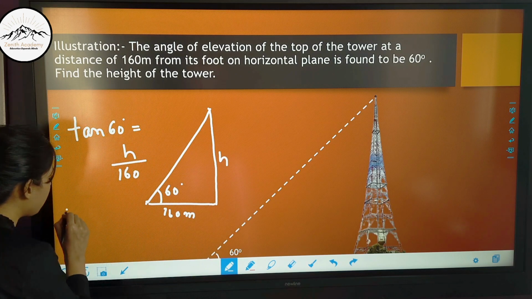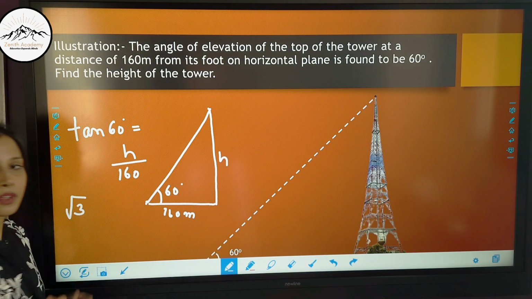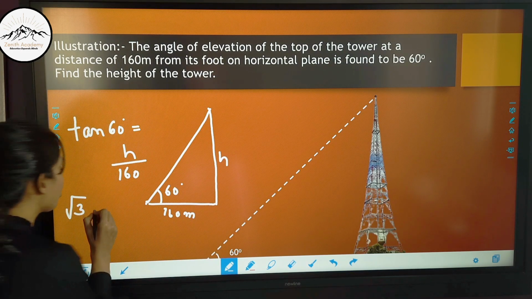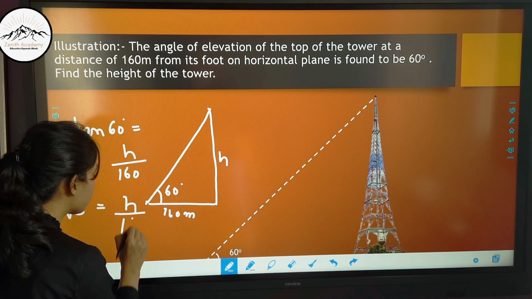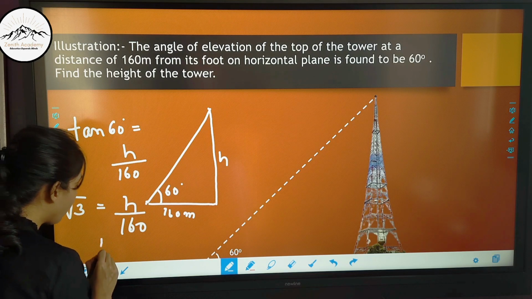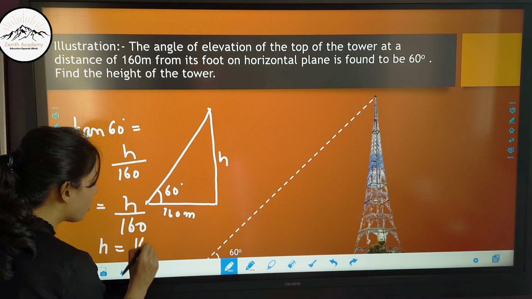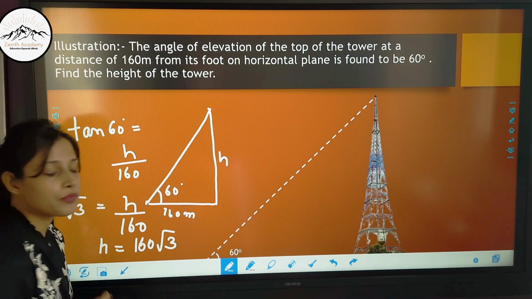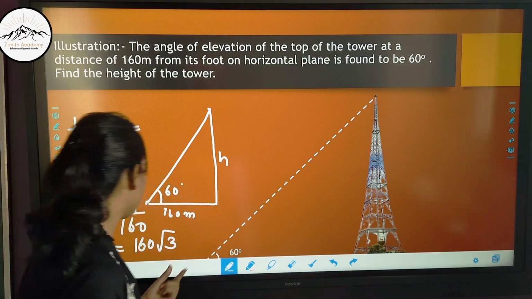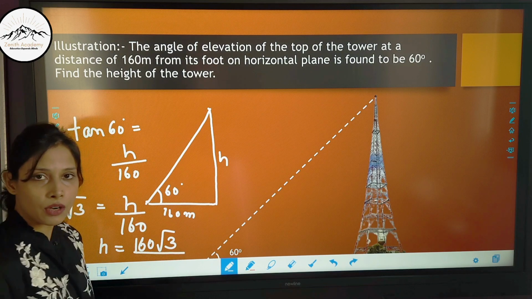Tan 60 degree is equal to root 3. So root 3 is equal to h upon 160. So our h will be equal to 160 into root 3. Okay. Now in exam, you can leave your answer till here also.